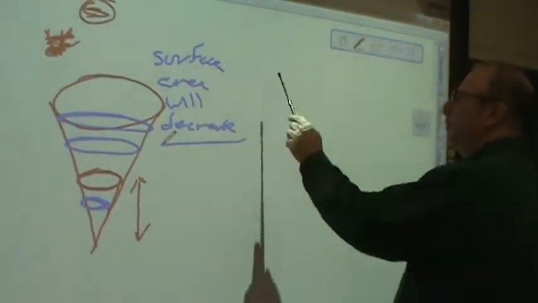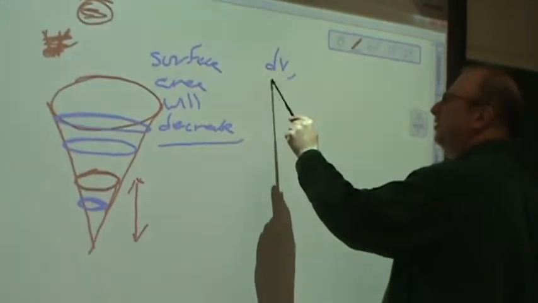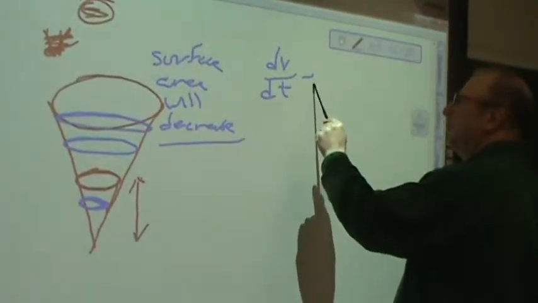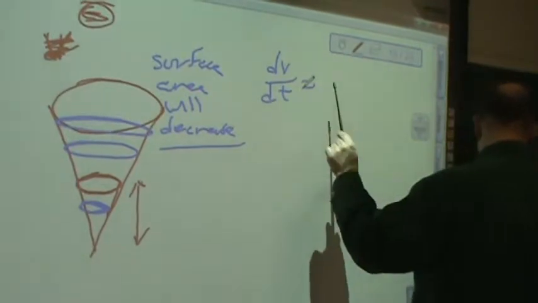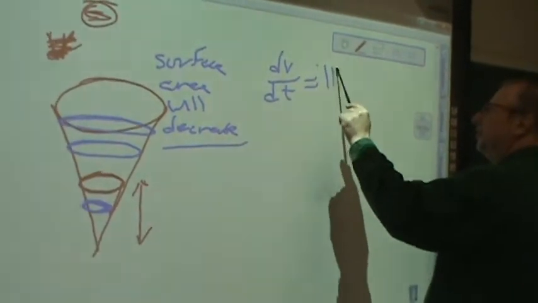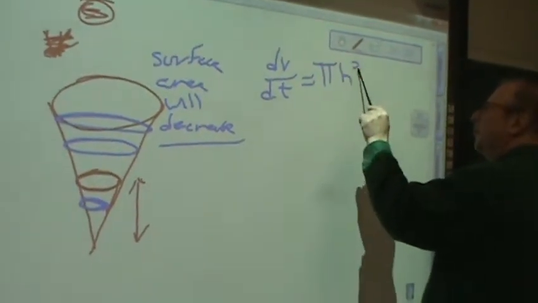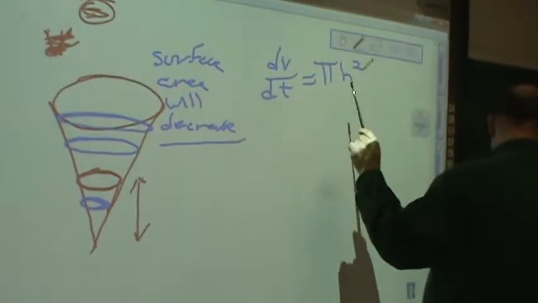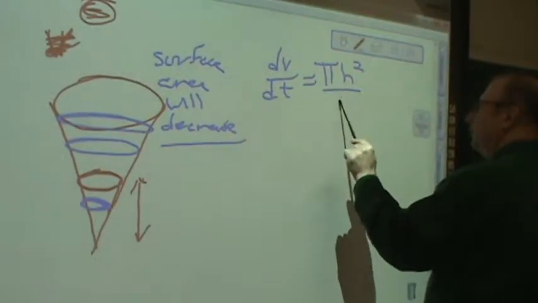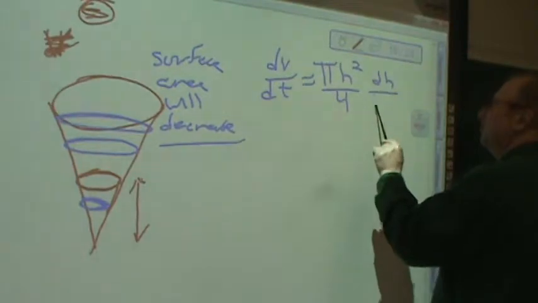Okay? We know dV/dt is equal to pi h squared over 4 dH/dt.